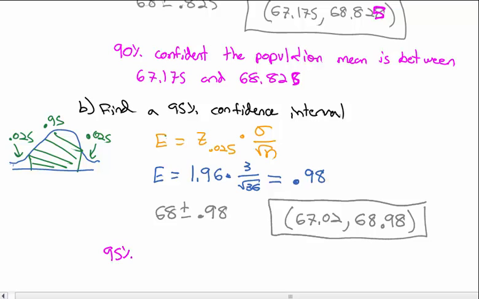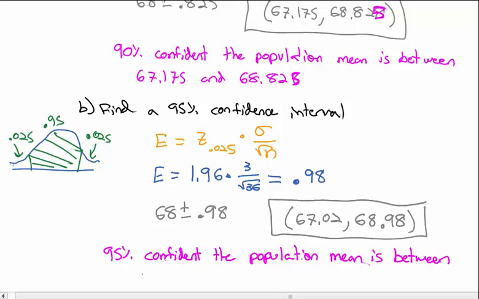We are 95% confident the population mean is between 67.02 and 68.98. So notice as the confidence level gets bigger, we need to cover more area, which means we need a bigger error, a bigger confidence interval to match a bigger percentage.